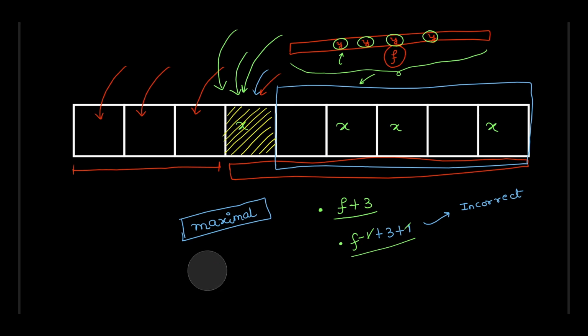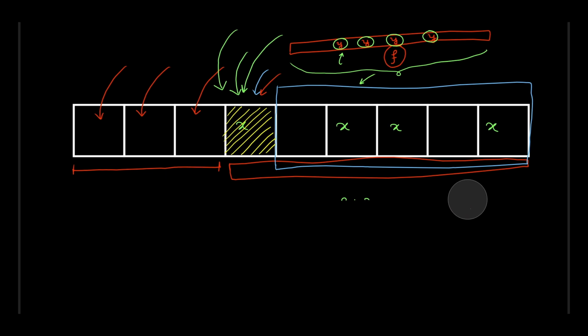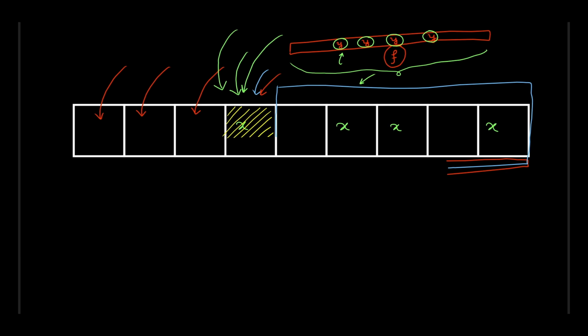So now with this in mind, you can see that not everything is achievable. If you locate the minimal window that contains all the copies of x, then suppose the maximum number of copies is equal to f.